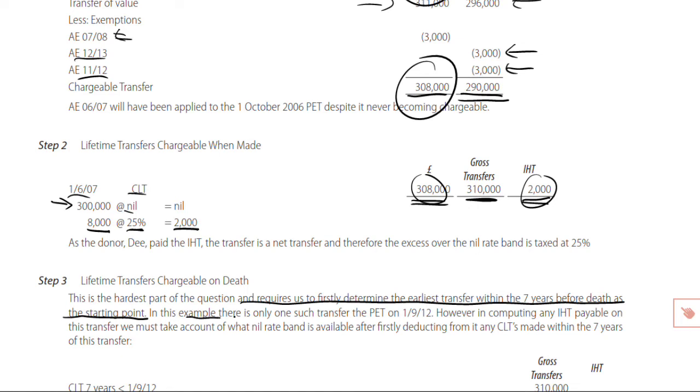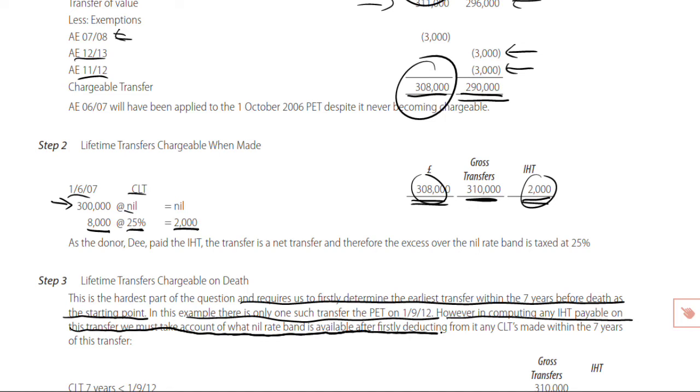As we know, there's only one such transfer, the PET, that is chargeable, but in computing any IHT payable on this transfer, we must take account of what nil rate band is available after firstly deducting from it any CLTs made within the 7 years of this transfer.